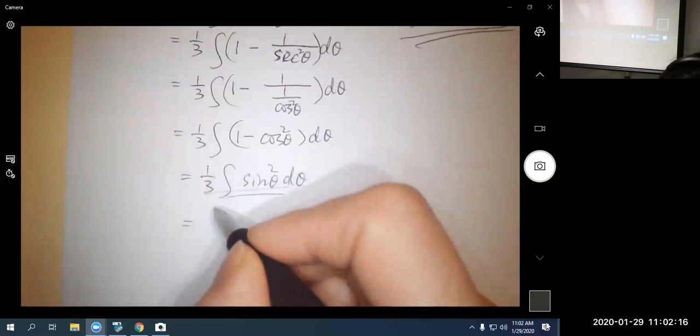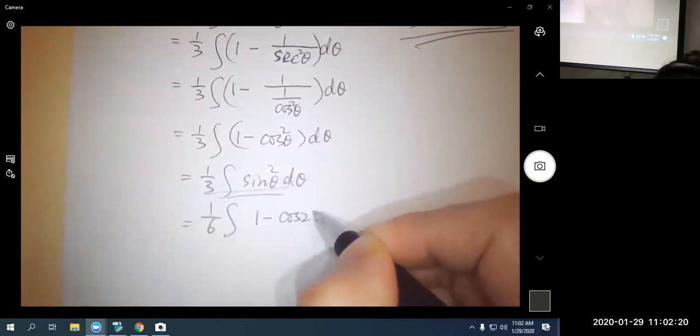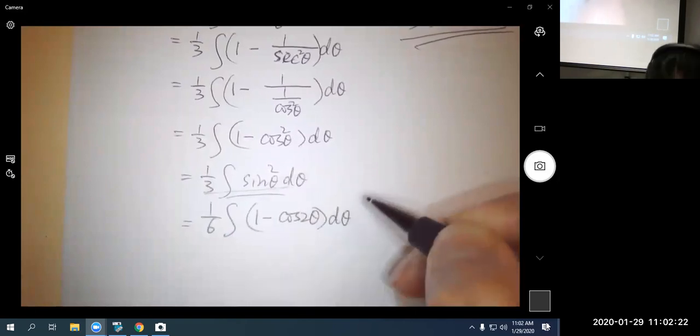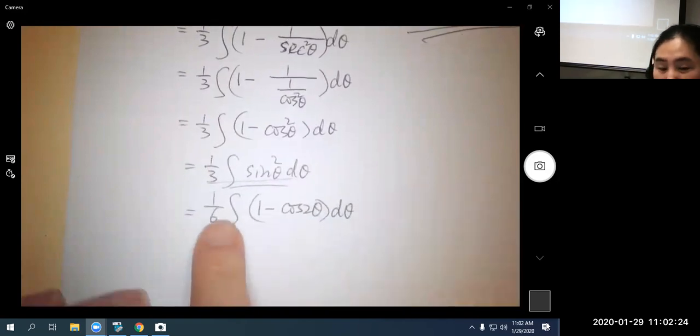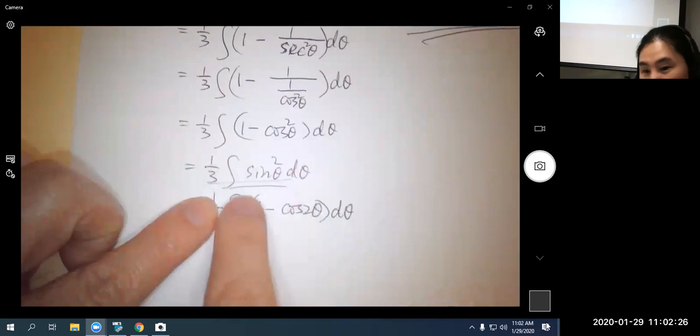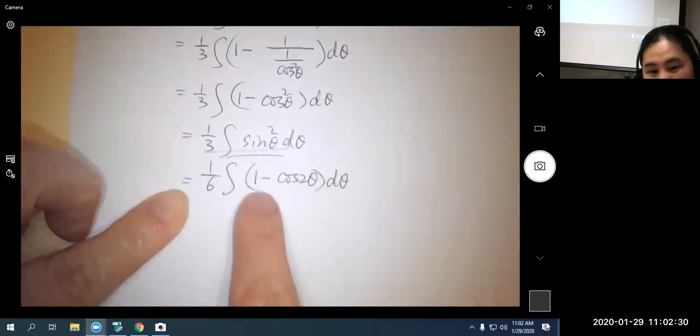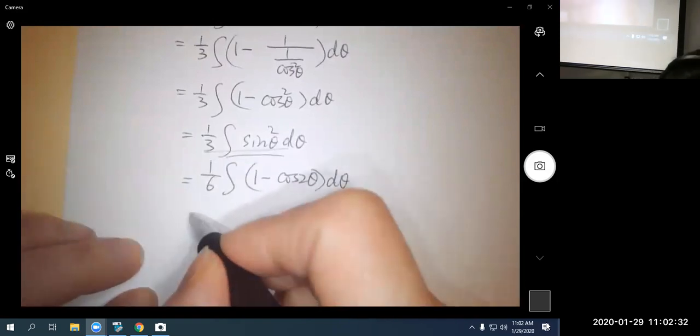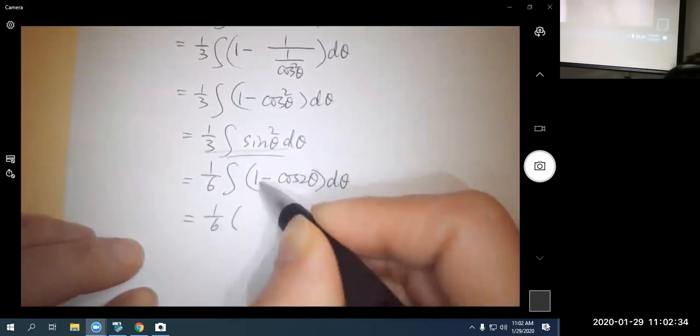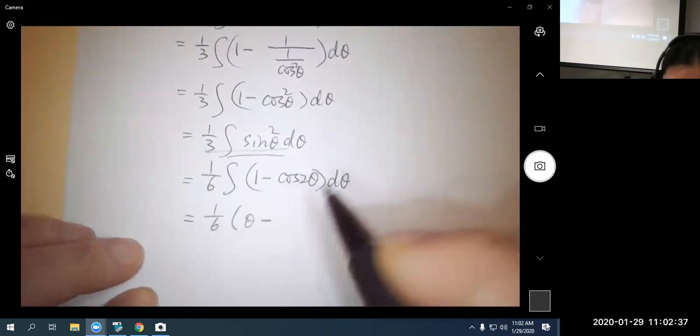Okay, so 1/3 times 1/2, 1/6, times 1 minus cosine of 2 theta d theta. Do you know why we have a 1/6 here? Because in the double angle formula, we have 1/2, and 1/2 times 1/3 gives us 1/6. Now, the antiderivative: 1/6 theta minus what?